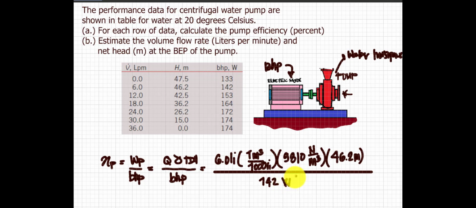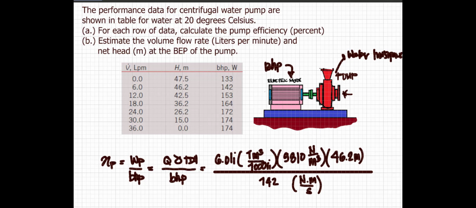If you're going to expand the unit, that will be newton meter per second. I'm going to erase this one so you won't be confused. So that will be newton meter per second, which is the expanded unit of watts.